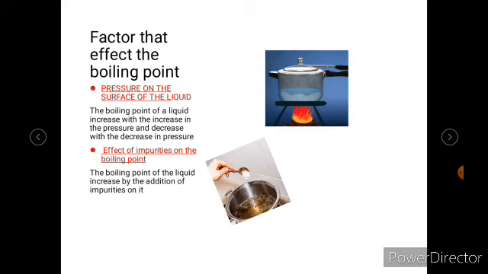At that temperature you can boil the egg very easily in very little time. That's why we add salt to the water while boiling the egg.